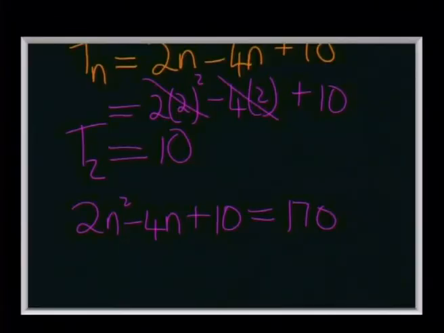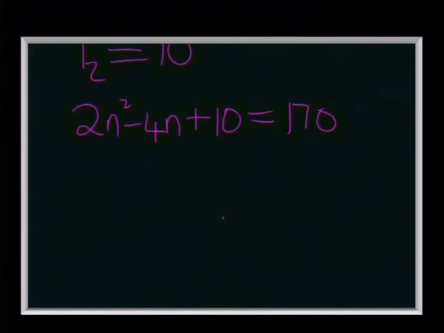The term that they ask me, which term is 170, goes in the place of Tn. Now from here onwards, it really isn't even sequences and series anymore. It's just a bit of equations, not so bad. So the 170 comes over, we add the 10 to it, and we get minus 160.